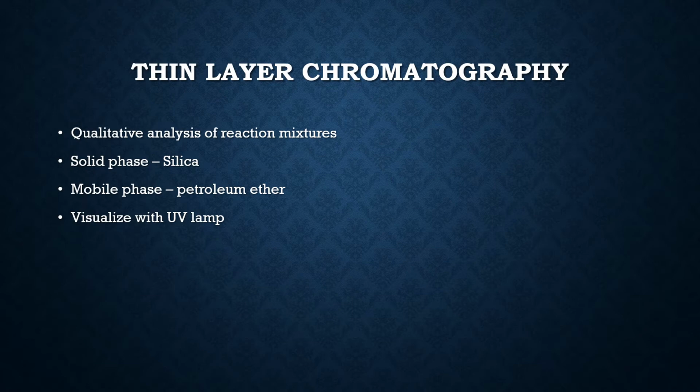So let's discuss thin layer chromatography. Generally speaking, thin layer chromatography is used for the qualitative analysis of a mixture. What's going to happen is we're going to put a little bit of our reaction mixture onto a TLC plate, a thin layer chromatography plate. We're going to run that TLC plate, and it's going to tell us qualitatively how many different components there are in our mixture. Generally speaking, TLC can tell us a couple of things, and we're going to be using it to see how far along our reaction is proceeding.